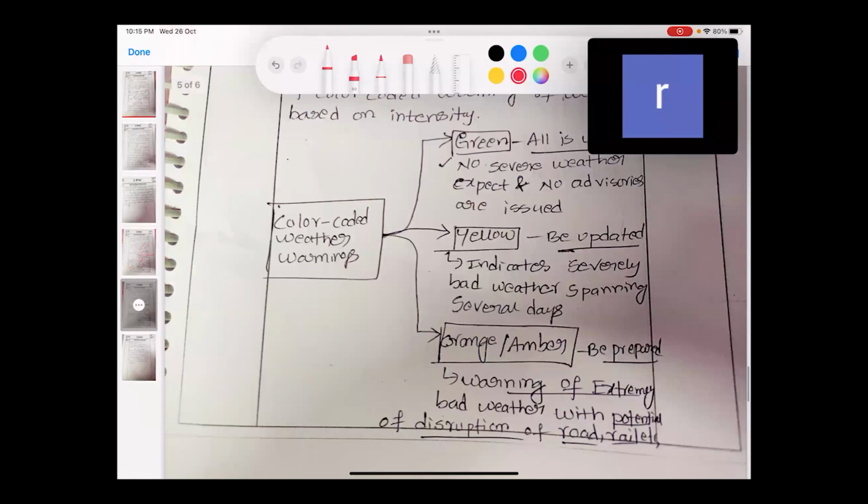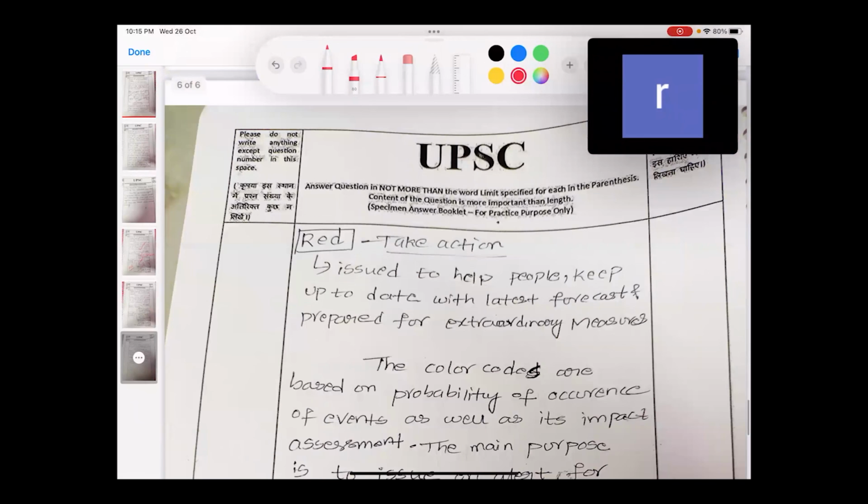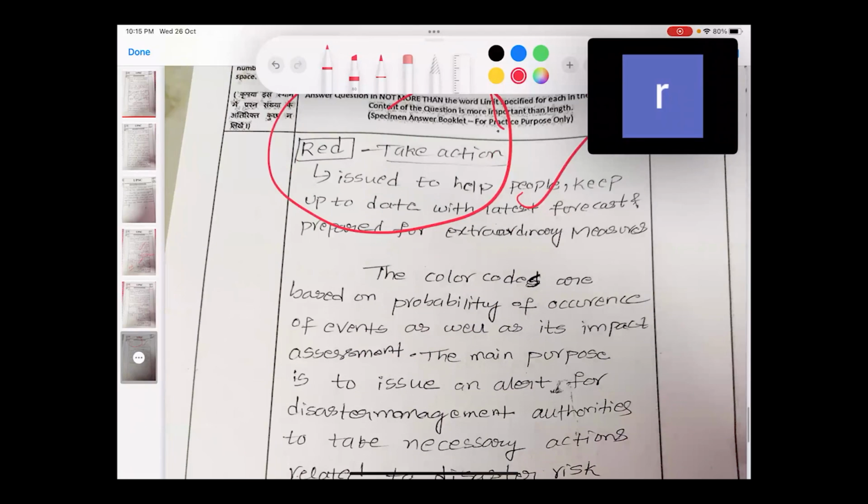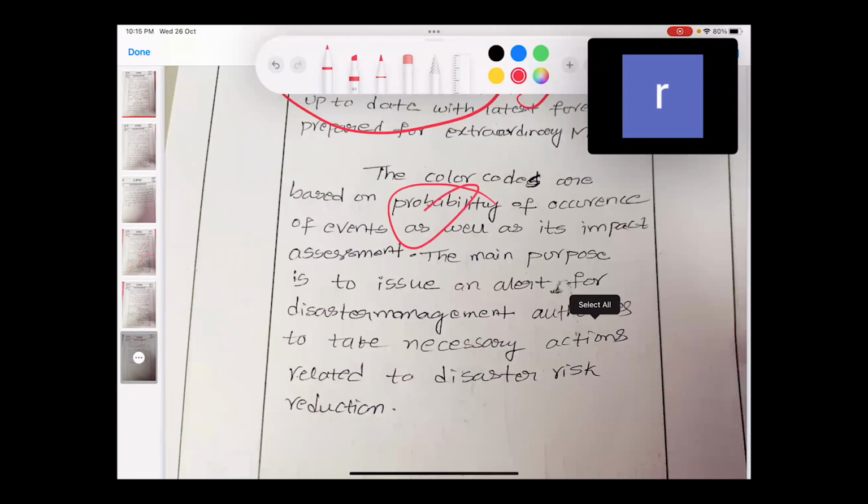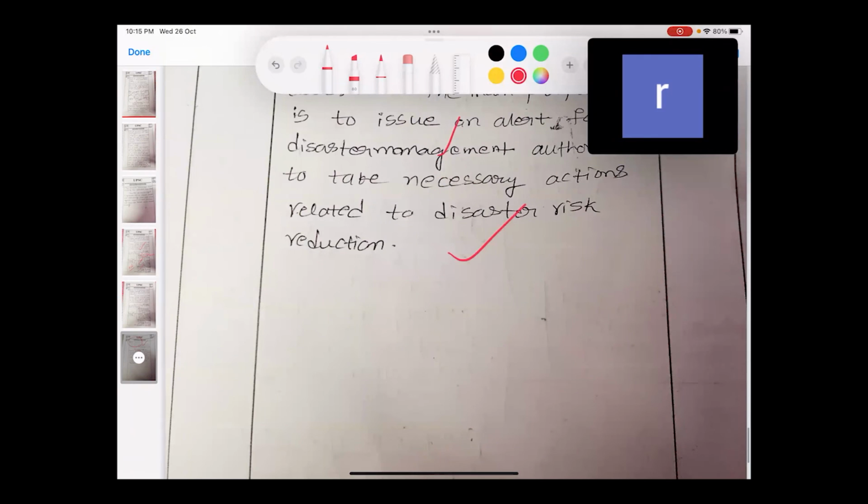Yeah, red. Okay. Take action. Yeah, basically it is on probability of occurrence. Okay, you write few more points, Navya, as we discussed, and you can give any examples if you have.